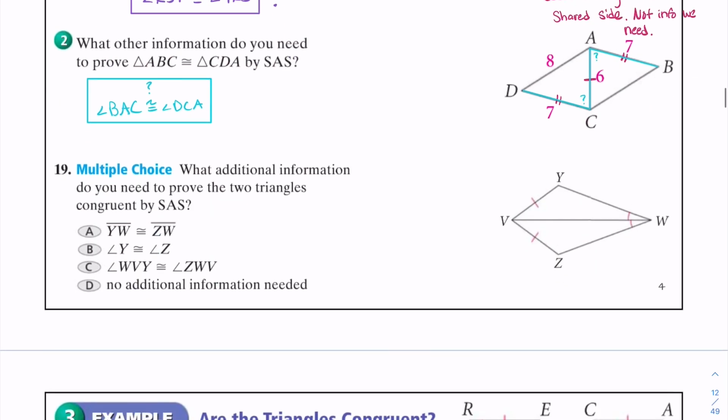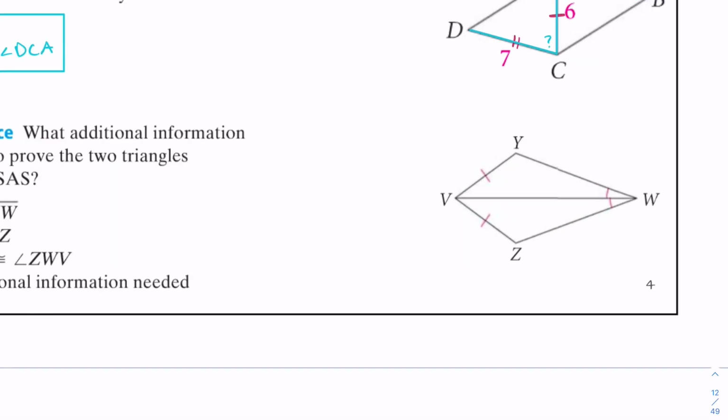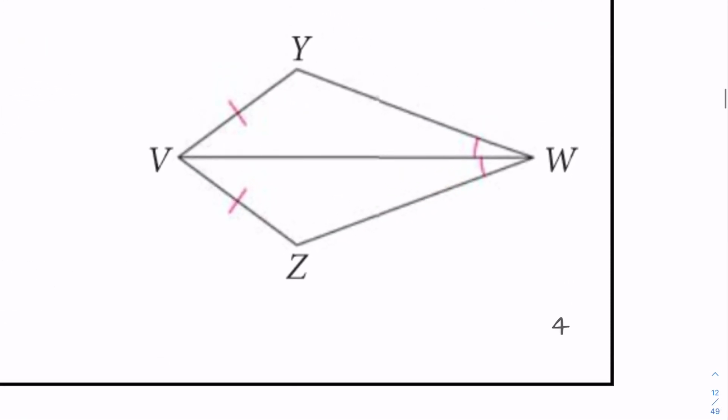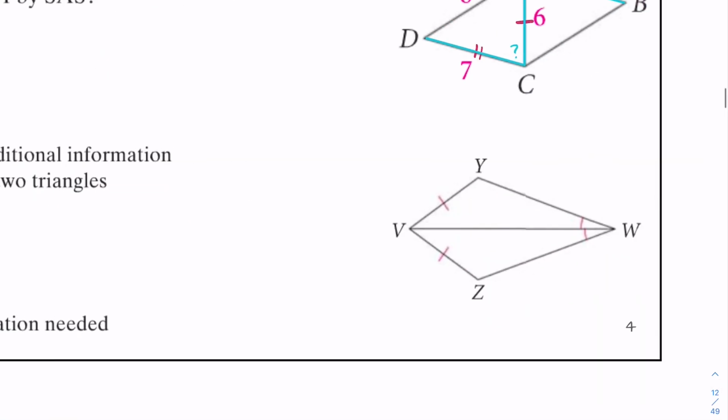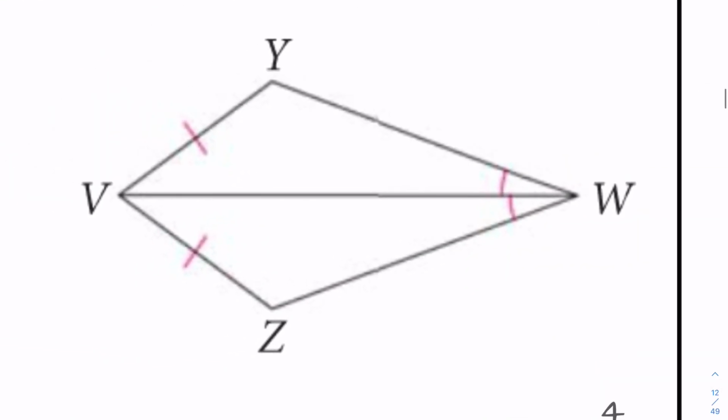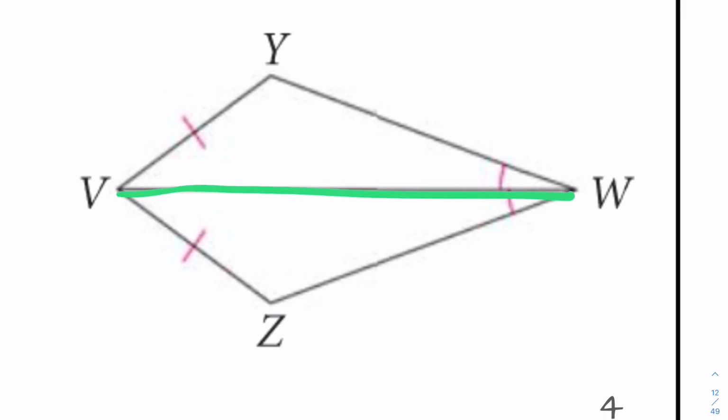What additional information do you need to prove the two triangles congruent by side angle side? Well, here, is that really by side angle side? Yeah, side angle side. So let's take a look. Well, they both share this side right here. And this can be one of two things, okay? We can look at it this way.